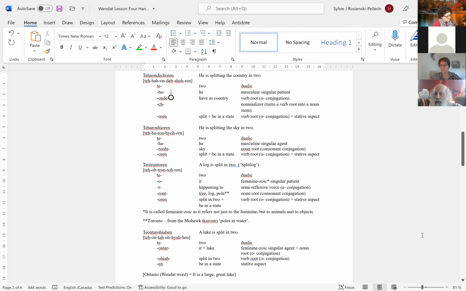There are a lot of words with sky, because sky is very important. They see the sky, it's there, more present than it generally is with us. So it's an important noun root. You see it very, very often.